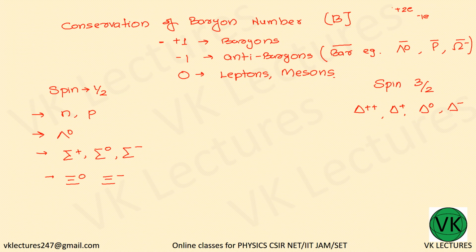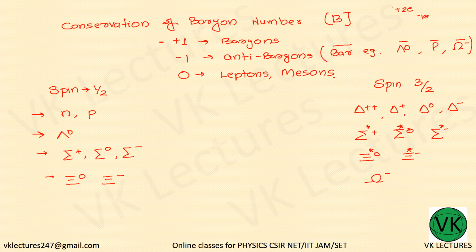Okay, then you have sigma plus star, sigma naught star, and sigma minus star, and you have cascade naught star, cascade minus star, and omega minus.